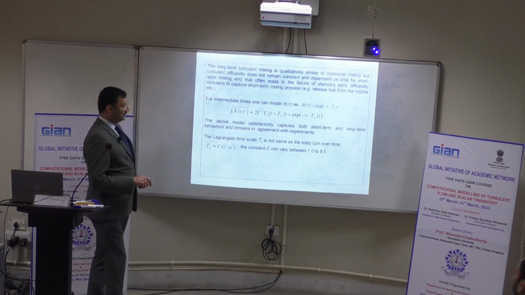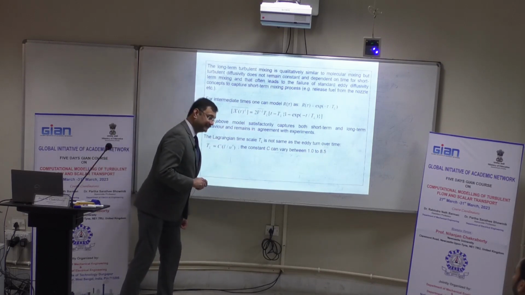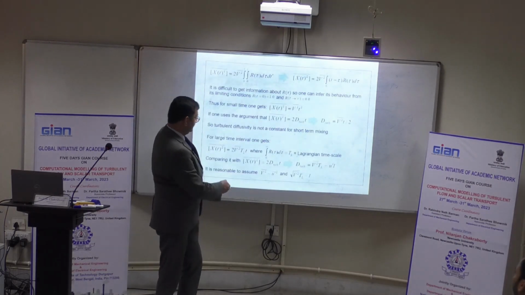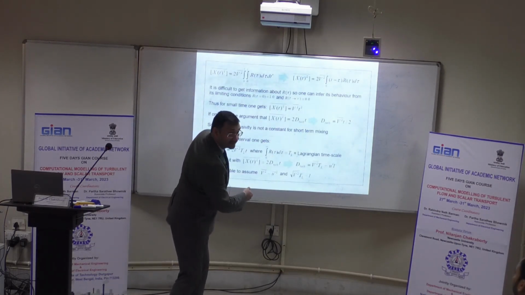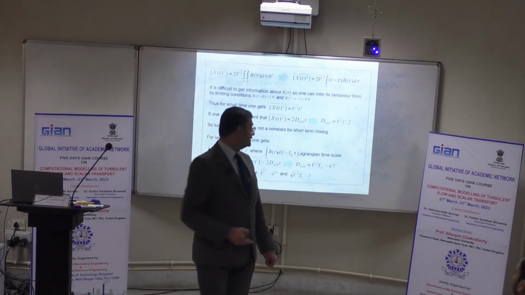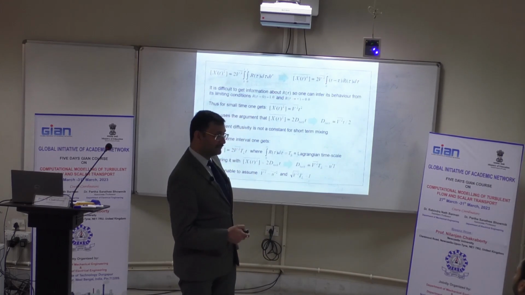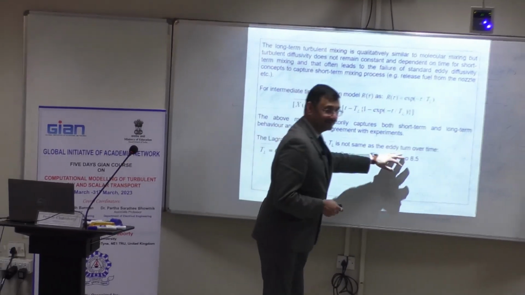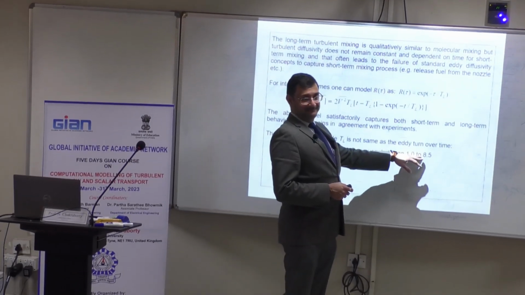However, please understand, this is a very important thing. This T_L sitting there is determined like this. It's a Lagrangian integral time scale. That's not the same as the large eddy turnover time.